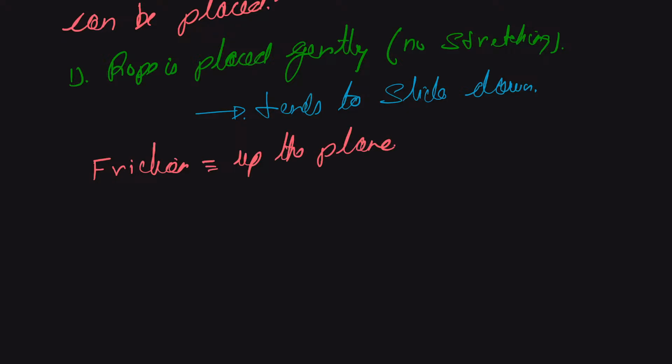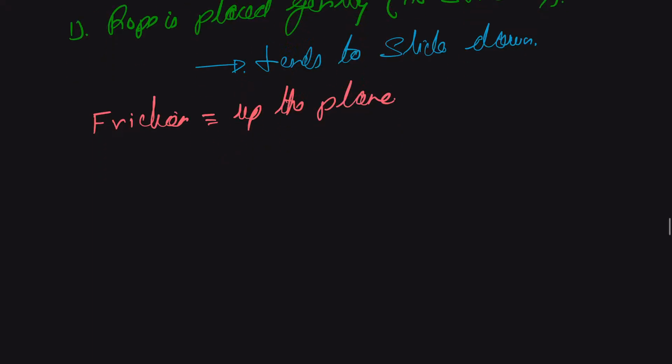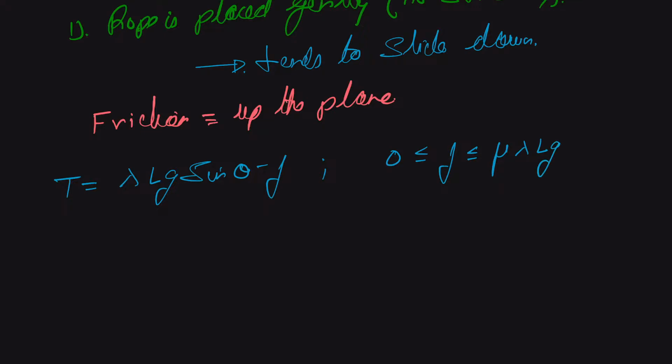So we have the friction up the plane, and therefore we can say our tension T will be equal to lambda L G sine of theta minus F, and we know that our value of F is greater than 0 but less than mu lambda L G cos of theta.